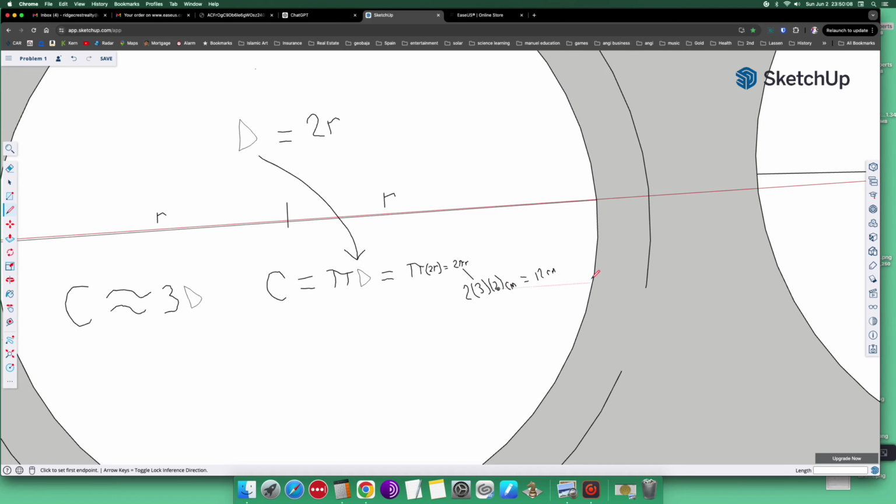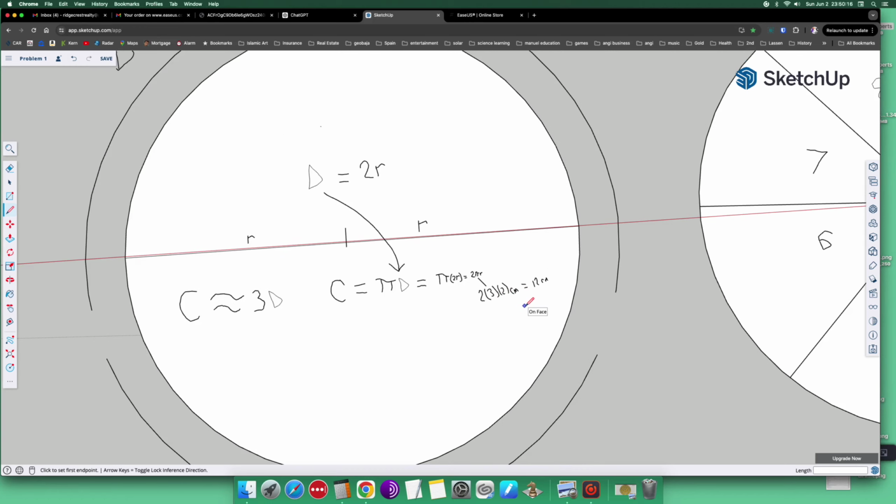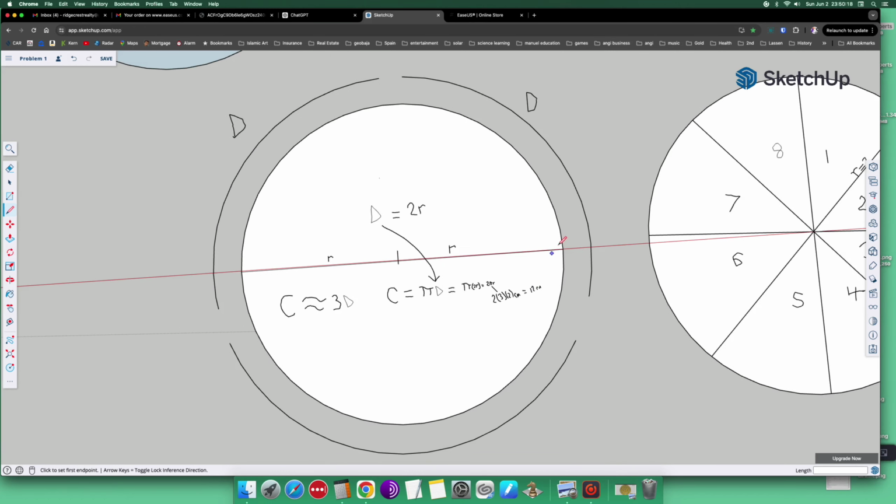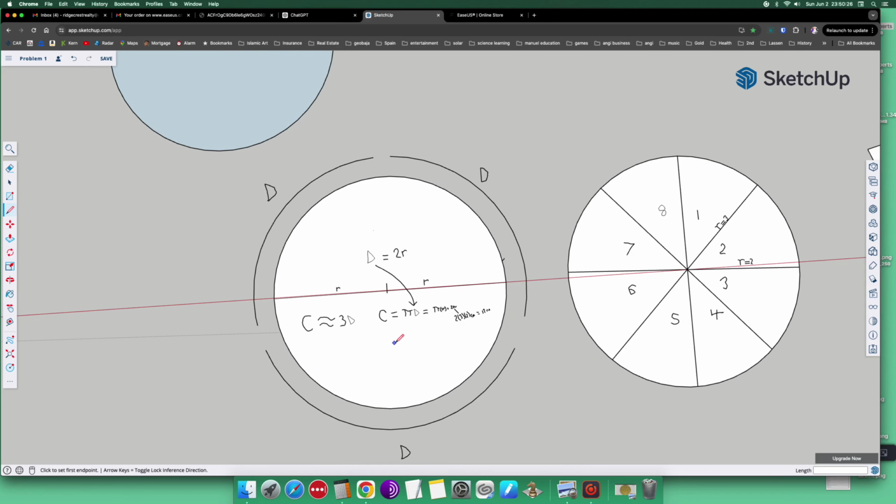So the distance walking around will be 2 times 2 is 4 times 3 is 12 centimeters to walk around this circle. That's if you were a little guy walking on this circle right here, you're going to be walking for 12 centimeters.